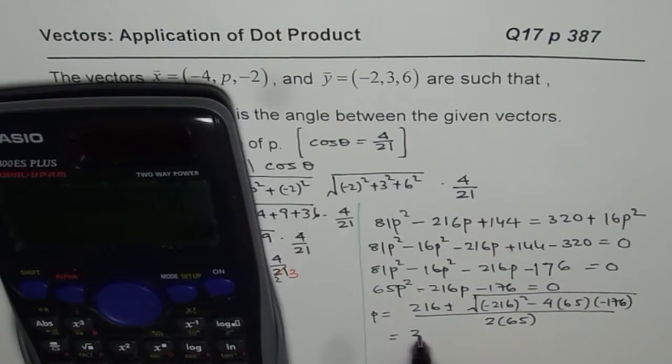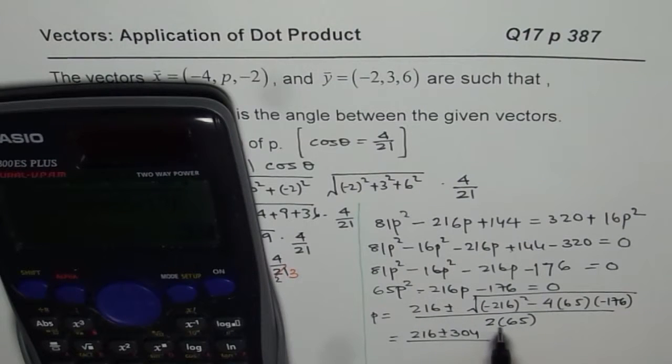So we get 216 plus or minus 304 over 2 times 65, which is 130. That gives us two possible solutions. First add: 216 plus 304 divided by 130 gives one answer, which is 4.